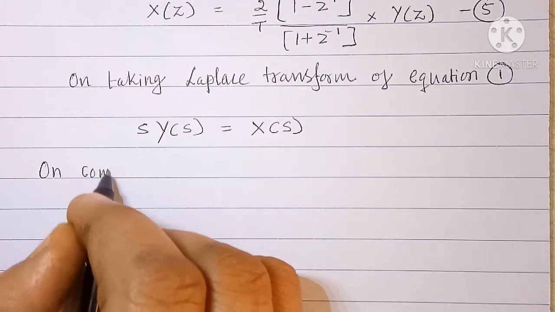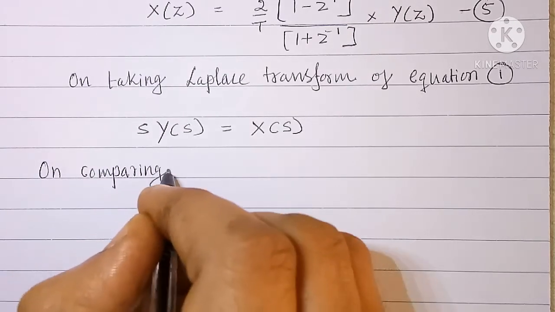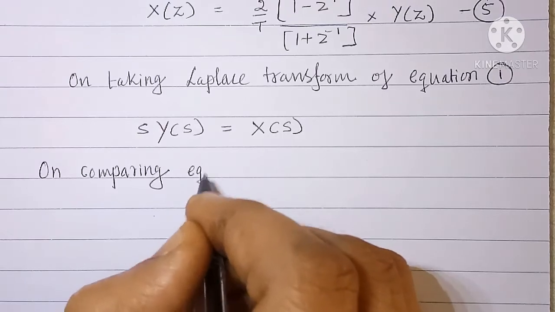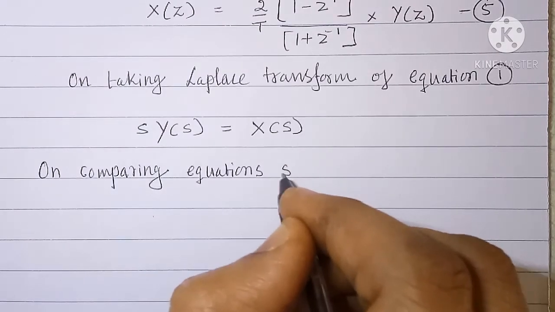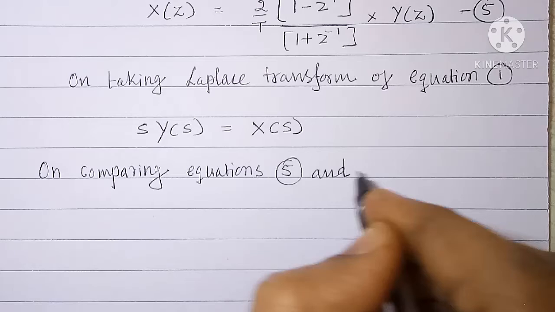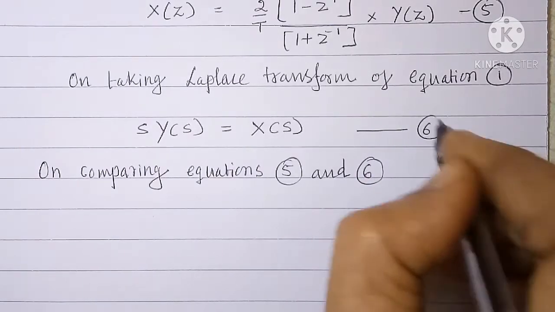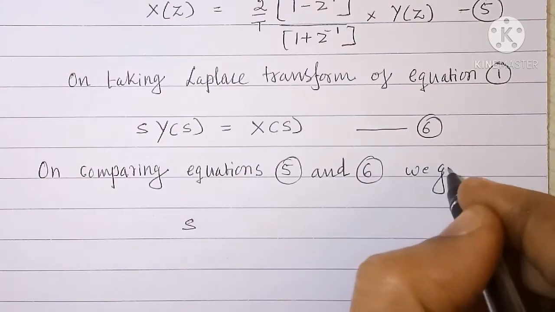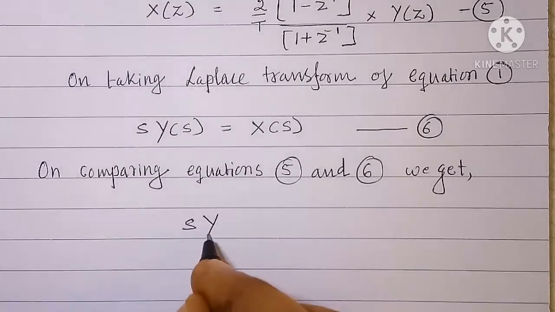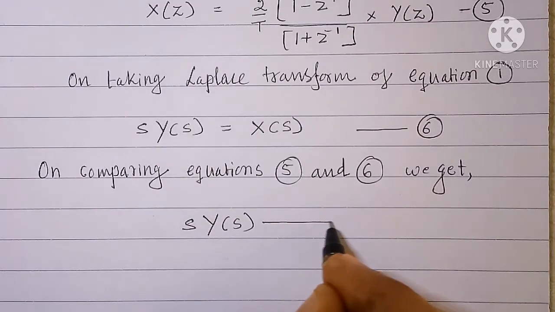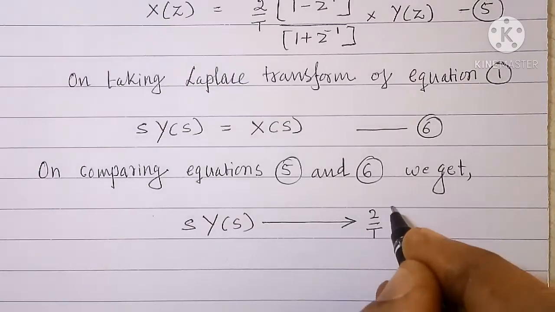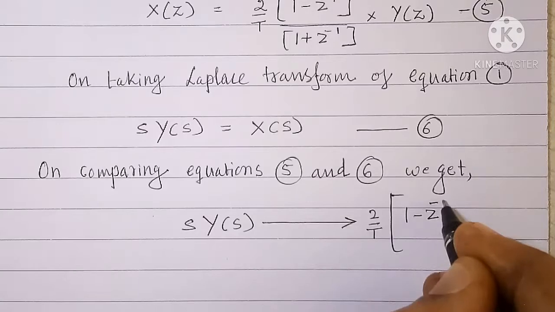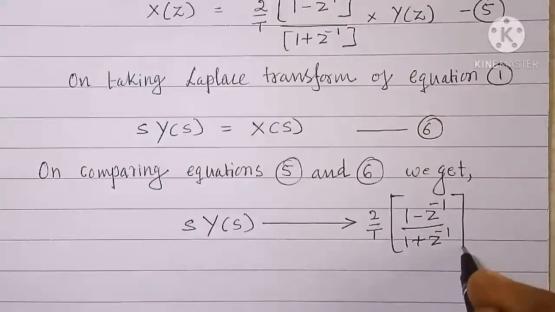On comparing equations 5 and 6, let us call this equation 6 here, we get s into Y of s transformation as 2 by T into the bracket 1 minus z raised to minus 1 upon 1 plus z raised to minus 1.